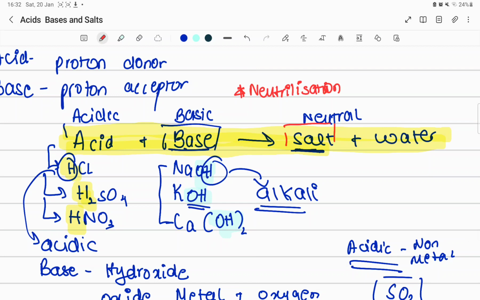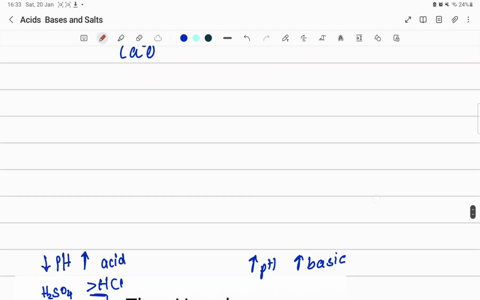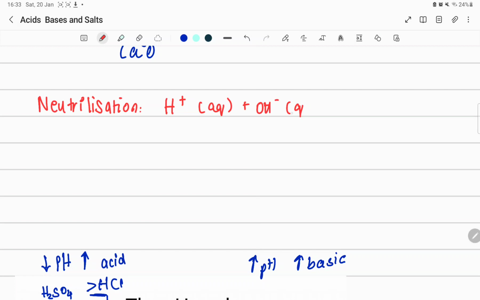Now, they might also ask you to write an ionic equation for neutralization reaction, and it is always the exact same. The second you know that it is a neutralization reaction and you need to write the ionic equation, you will always write H plus plus OH minus gives H2O.